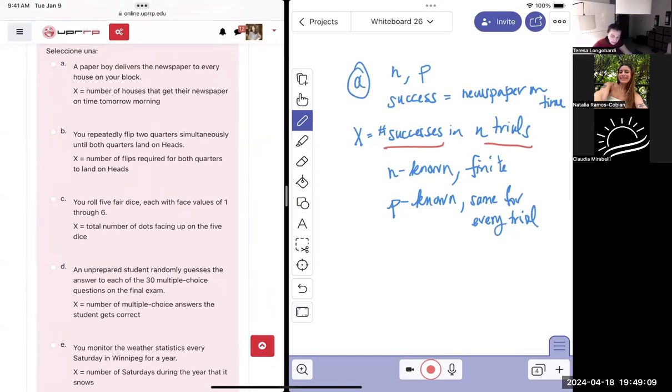So that's how you have to think about A. Let's try B. Let's just skip that for a second. Let's try B. So B, you repeatedly flip 2 quarters simultaneously until both quarters land on heads. So try and define the success.